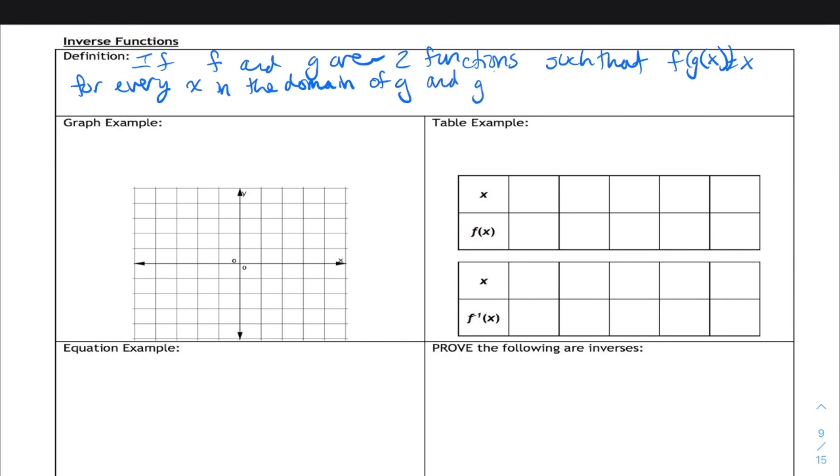If I compose g of f of x, that would equal x for every x in the domain of f. Okay, if this is the case, then f and g are inverses of each other.